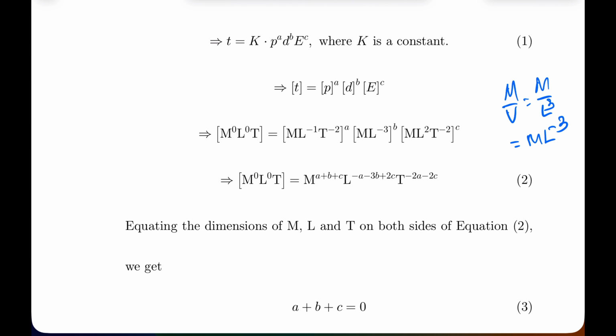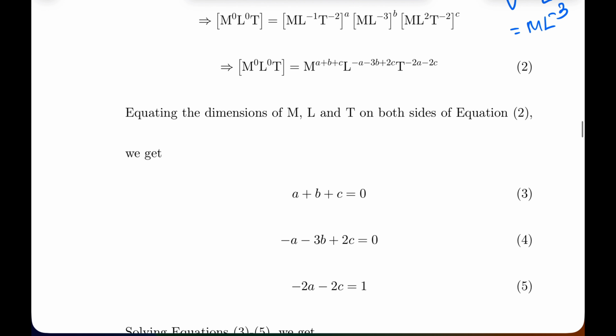So the dimension of mass on the left side is 0. On the right side, this is a plus b plus c. So a plus b plus c is 0. Next, the dimension of L is 0 on the left hand side. On the right side, this is minus a minus 3b plus 2c. So minus a minus 3b plus 2c is 0. And the third, the dimension of T is 1 here, and on the right hand side it is minus 2a minus 2c.